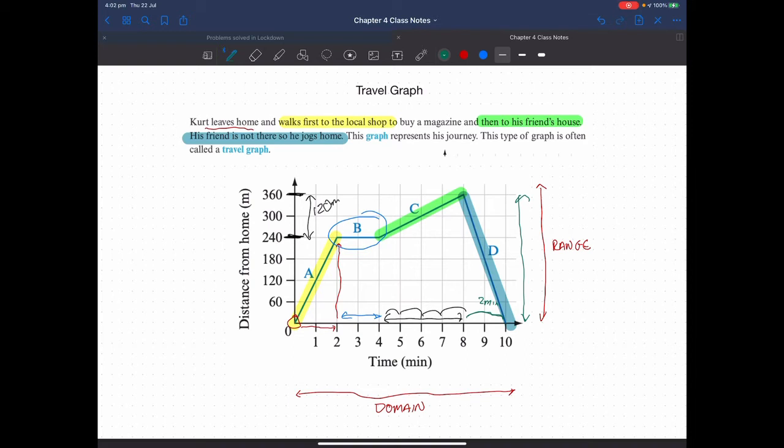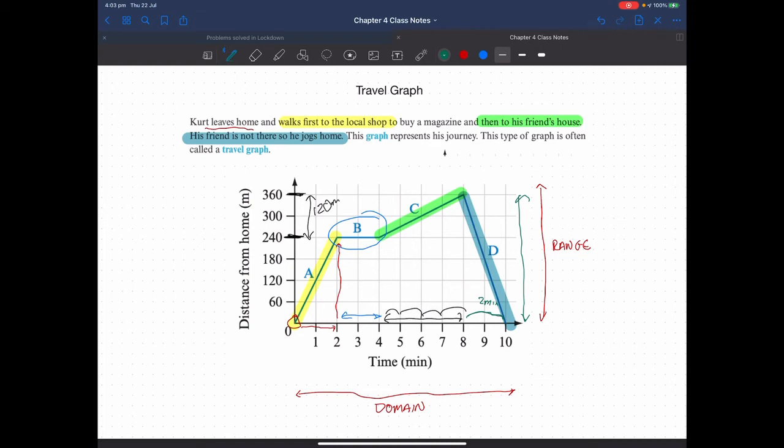So let's go through his journey. He started at home. He moved in 2 minutes to 240 meters away from his home where the shop was. He then spent 2 minutes in the shop. He then left the shop and walked to his friend's house, which was 360 meters away from his house, another 120 meters from the shop, and it took him 4 minutes to do that.